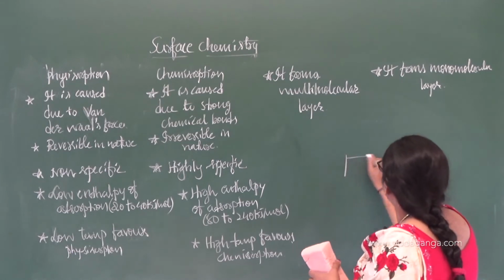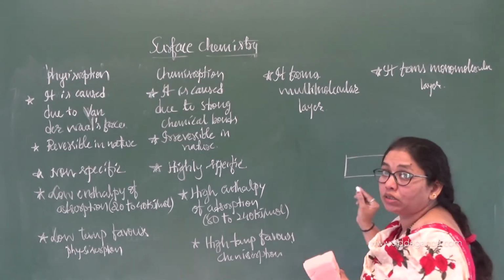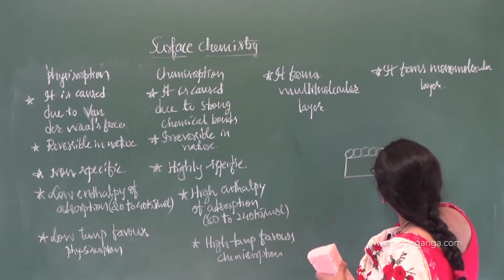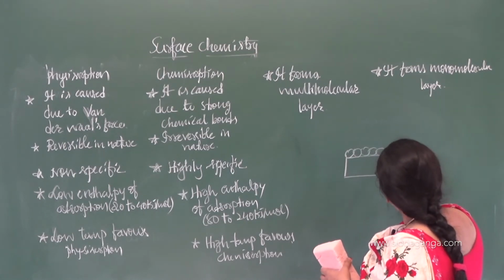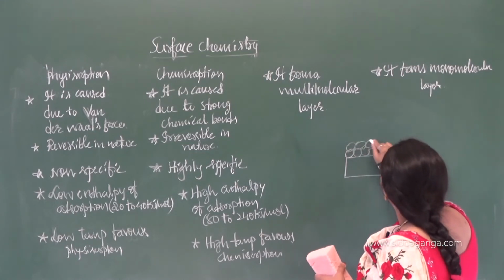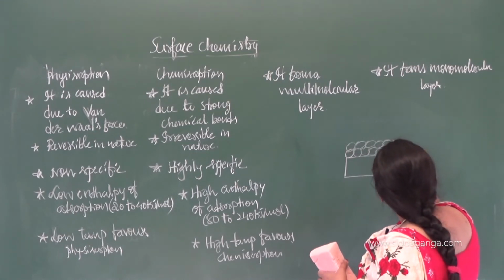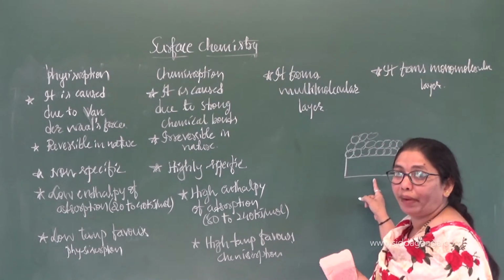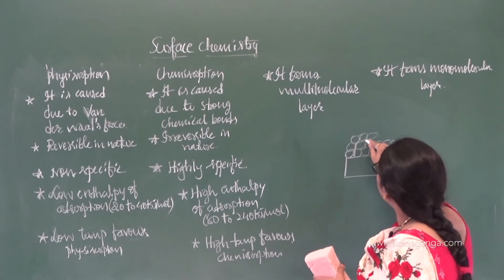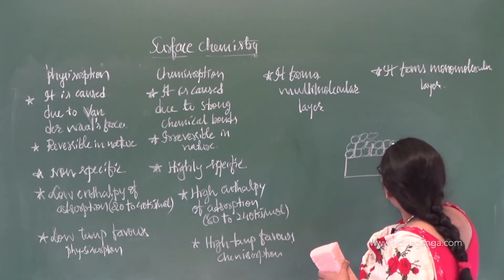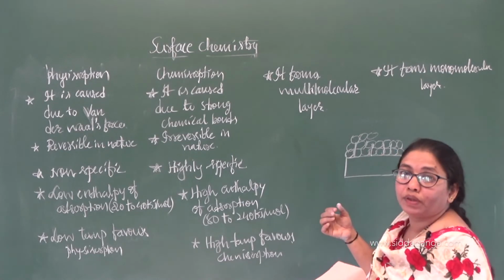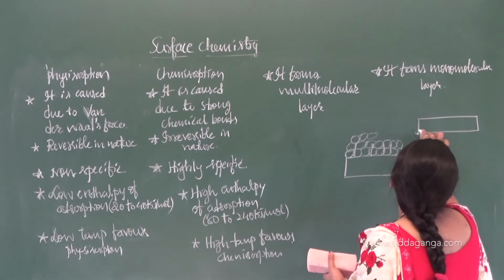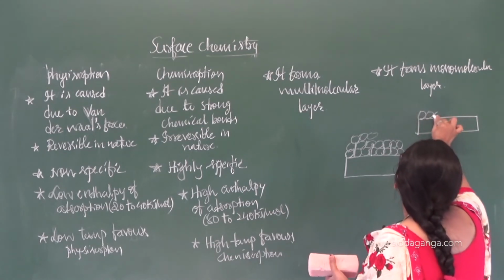If you take the adsorbent and you add the adsorbate, in physical adsorption you are going to get like this. Do you know why? Because the adsorbate molecules are held on the surface of the adsorbent by means of weak forces. Those can enter, they can hold this one because they are weak. But in chemical adsorption, the adsorbent forms like this.